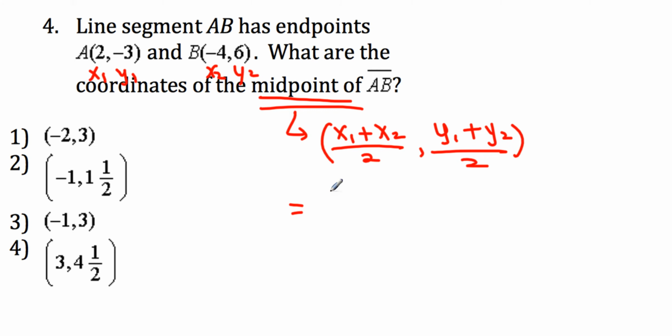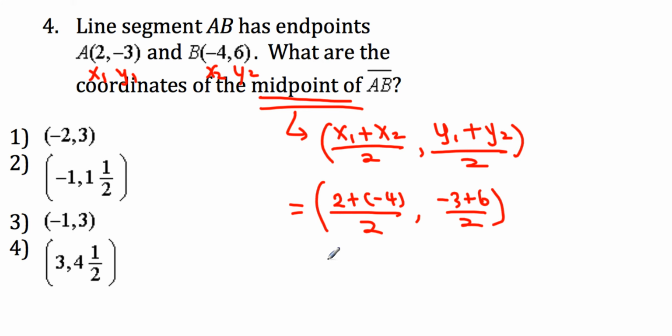So then when we add them up, we end up getting 2 plus negative 4 over 2. That's the x value. How about the y value? Negative 3 plus 6 divided by 2. Then what do we end up getting? 2 plus negative 4 becomes negative 2 over 2.